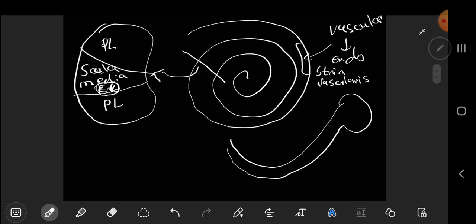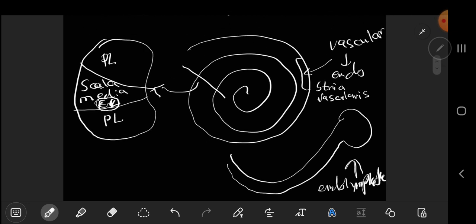To protect the cochlea from too much endolymph, there is the endolymphatic sac. This endolymphatic sac should collect and remove the excess endolymph. There may be a problem with collecting the endolymph.